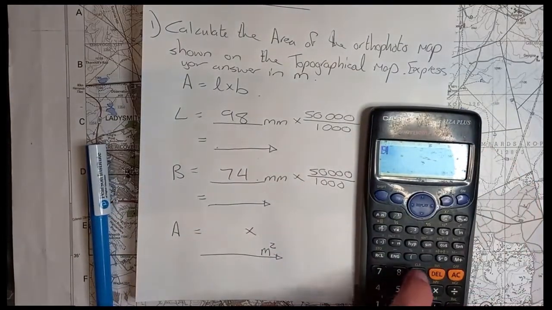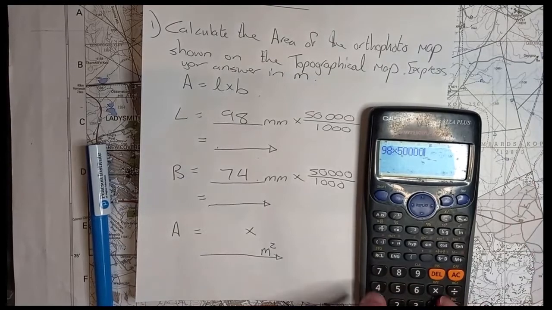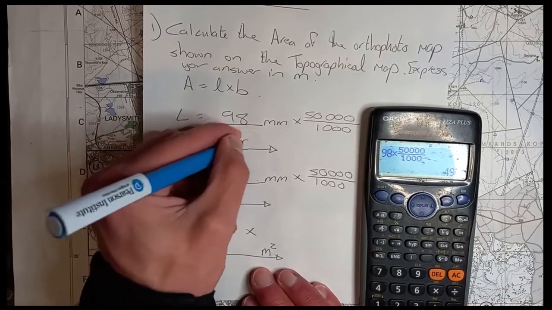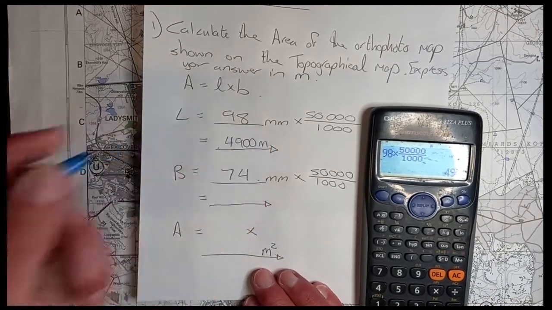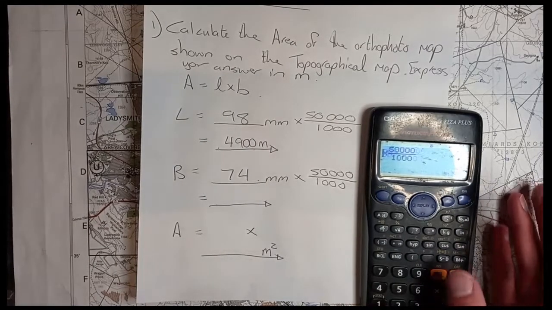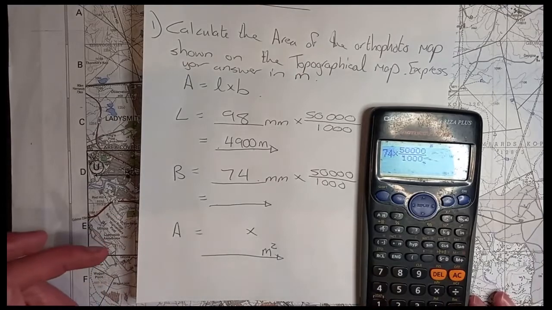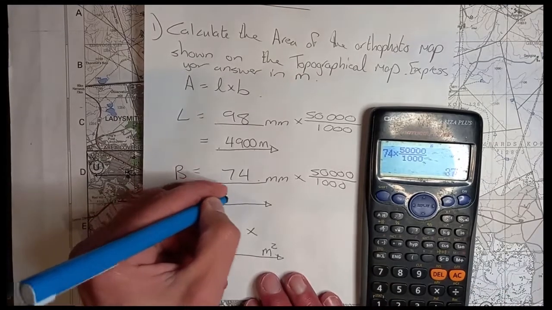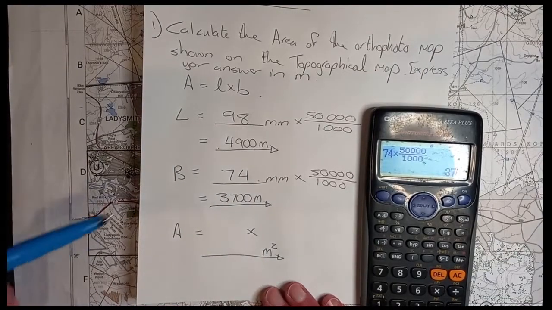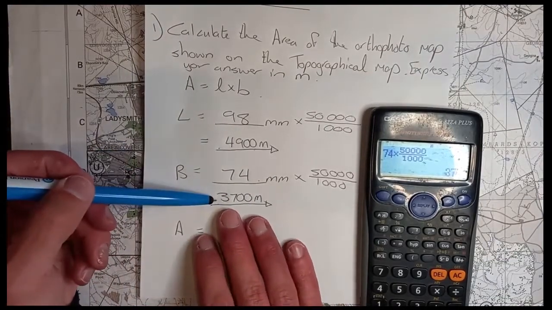So I'm going to say 98 times 50,000 divided by 1,000. That will give me 4,900 meters. Simply just do the same thing with 74 millimeters and I get 3,700 meters. Alright, can you see I've now got my length and I've now got my breadth.